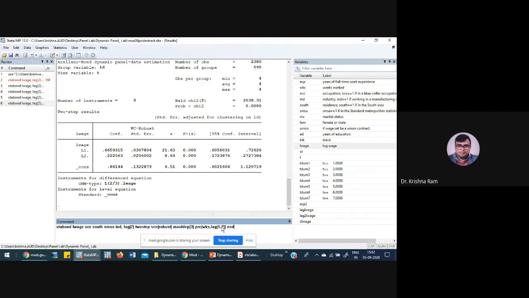Then the endogenous variable. So apart from the lag value of wage, there is one more endogenous variable. That one is MS. MS is marital status. And for this, I am typing lag 0, 2. Then one more endogenous variable is there, which is union.